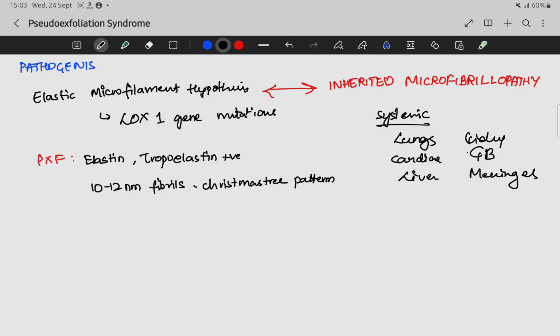Coming to how this is leading to an increase in the IOP, the pathogenesis of glaucoma.